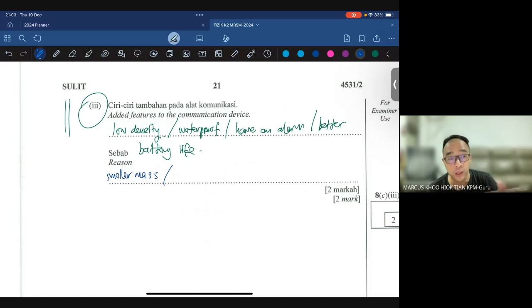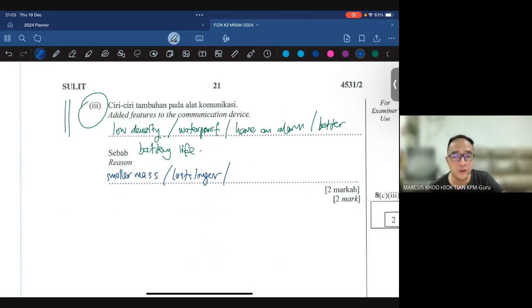Why do we want it to be waterproof? So that it lasts longer. Or like right at the moment when you want to communicate with somebody kan, terus dia rosak because sudah kena masuk air. Okay, so we don't want that lah. That's what we don't want.